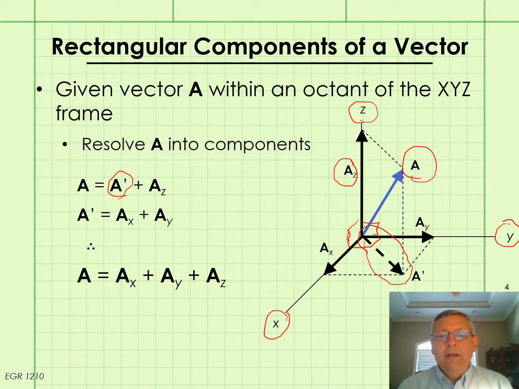So this is nothing different than we did when we were working in 2D. Remember that this is a rectangle here. These are all right angles.